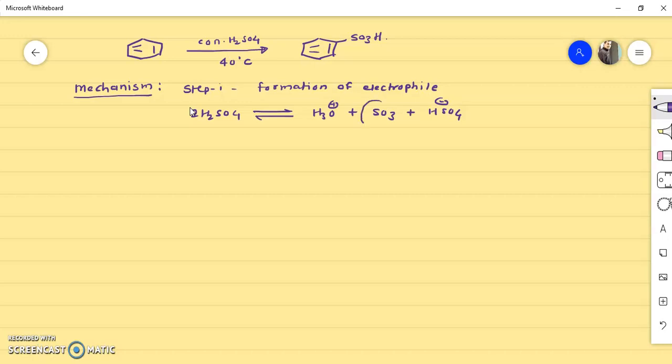The reagent generated here, SO3, is the electrophile, remember. This is the electrophile we use for this electrophilic aromatic substitution.